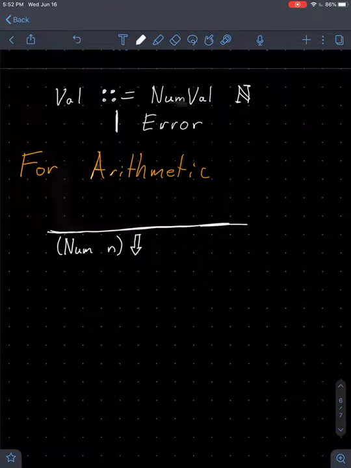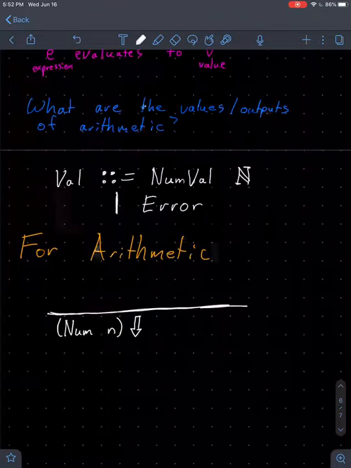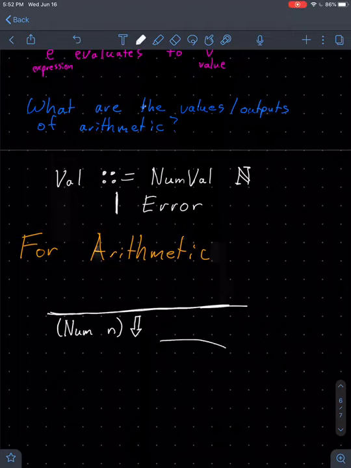Num n evaluates to what? Is it just n? I need a value here. You're cutting a corner right now. Num val of n, right? Yeah, we'll try and be extra formal here.